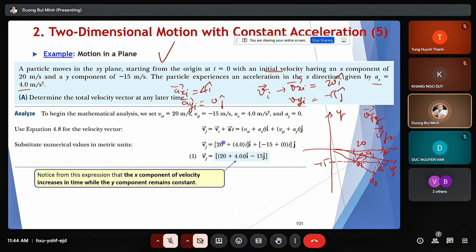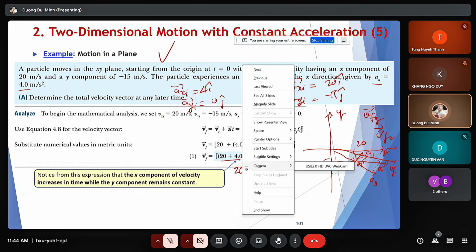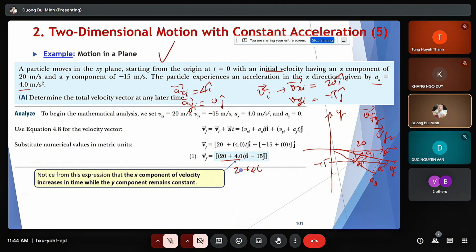Vfx: you get 20 plus 40 times t, we don't know t, but this is positive, so you get more Vfx. And Ay is 0, so Vfy is constant.